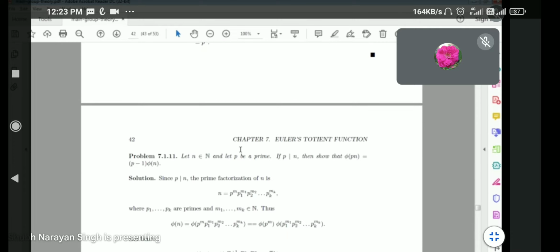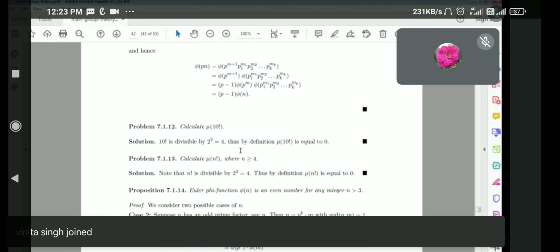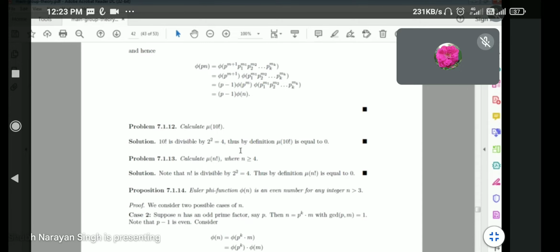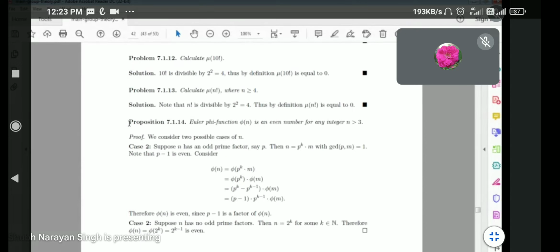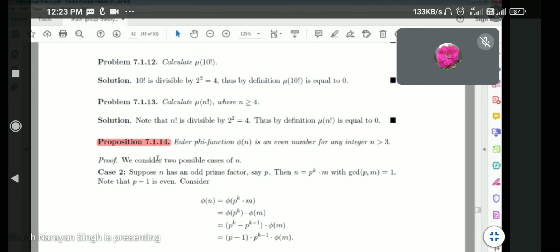Then I included these two results this morning, and this is an interesting result. I quoted it as proposition 7.1.14, and I'm going to discuss it now.